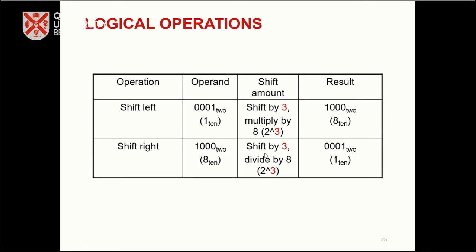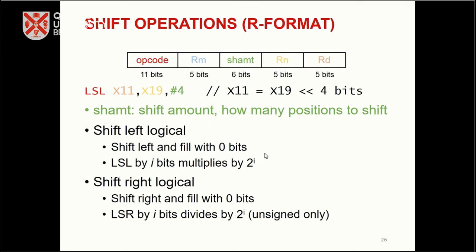So coming back to the instruction in our instruction set. This is called shift left logical, and for the right we have shift right logical, which is SRL. The format is the same.